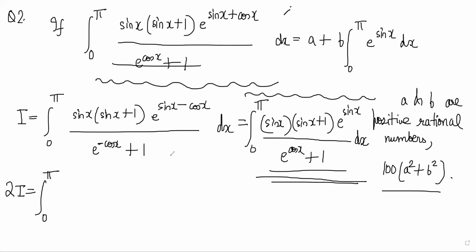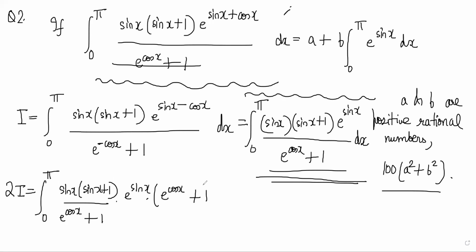0 to pi. Everything is the same. E power sin x can also be taken common. Sin x plus 1 by e power cos x plus 1. E power sin x common. It will be e power cos x plus 1 common, so that you can cancel.